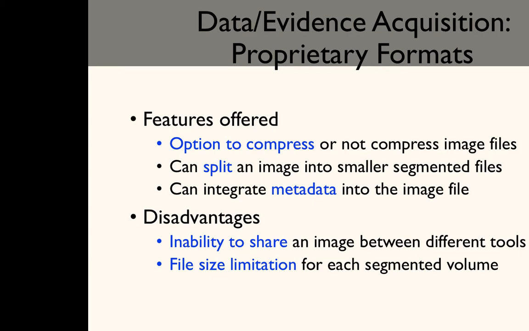And obviously, commercial tools use their own format. Today, you are going to see FTK and also ProDiscover, which use their own formats. Those formats usually add metadata, and they also try to compress the acquired image to make it smaller, and they can split those images into smaller segmented files, so it will be easier to move or copy.